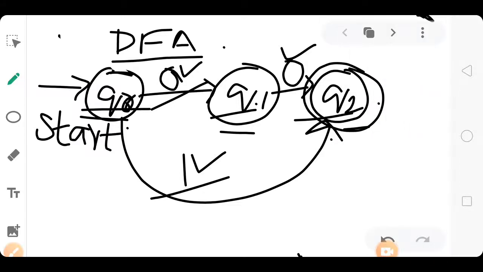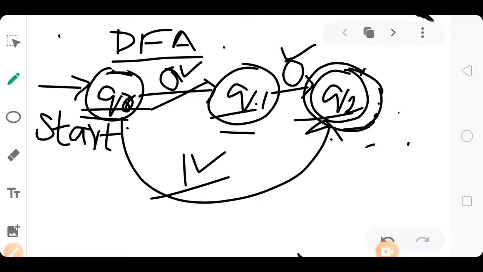Coming to Q1, Q1 on 0 moves to Q2, and you don't have any other transitions from Q2, so you can add a self loop on Q2 for either 0 or 1. That is optional; if you want to add it you can, otherwise you can remove it.